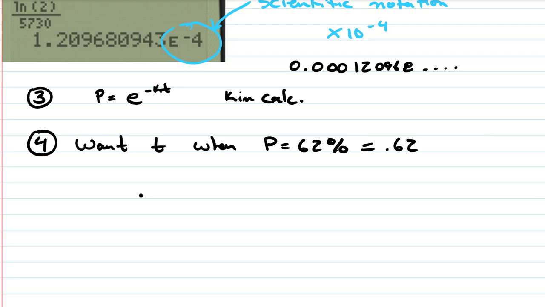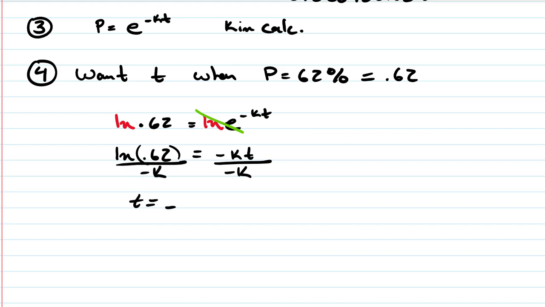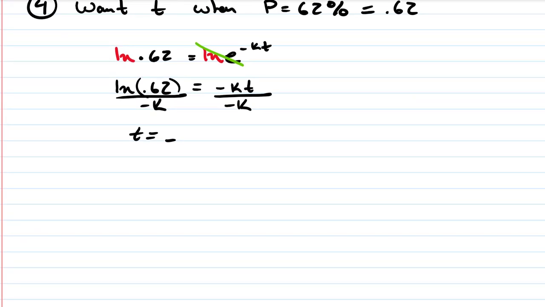So this gives us the equation 0.62 is equal to e to the negative kt, and we want to solve this equation for t. So we take the natural logarithm of both sides, and the e and the natural log reduce out. So we have the natural logarithm of 0.62 is equal to negative kt, and we divide by negative k, so we get t is equal to the negative natural logarithm of 0.62 over k.